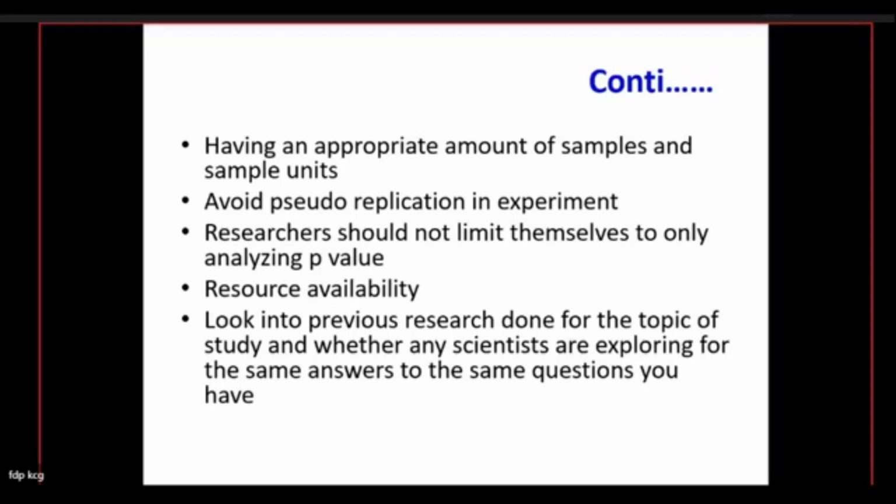Now, you must have come to know that in the COVID vaccines, they say if it is effective 50 to 60%, it is acceptable. Resource availability: what types of resources are available, that we have to see. Look into the previous research done. Many students are not doing the literature survey.